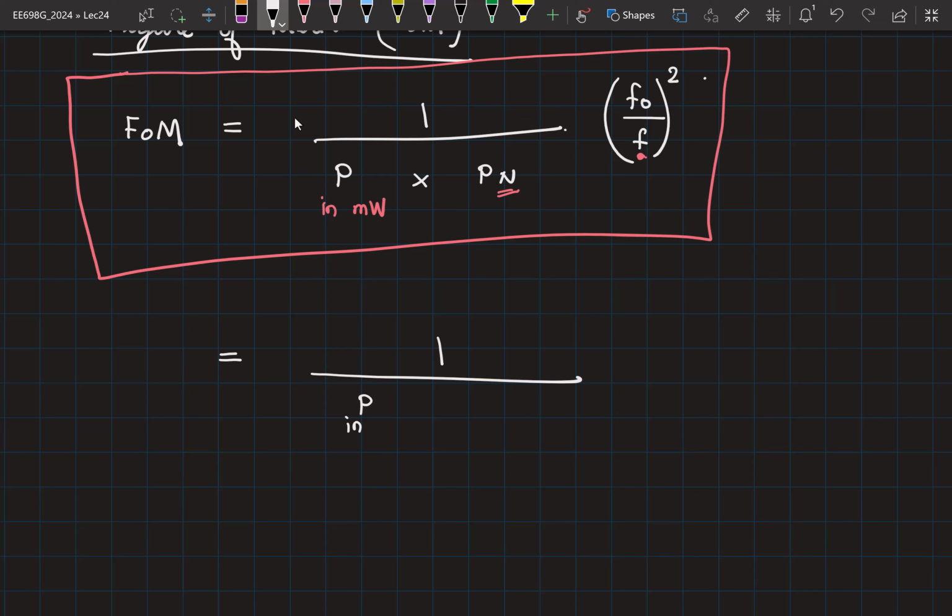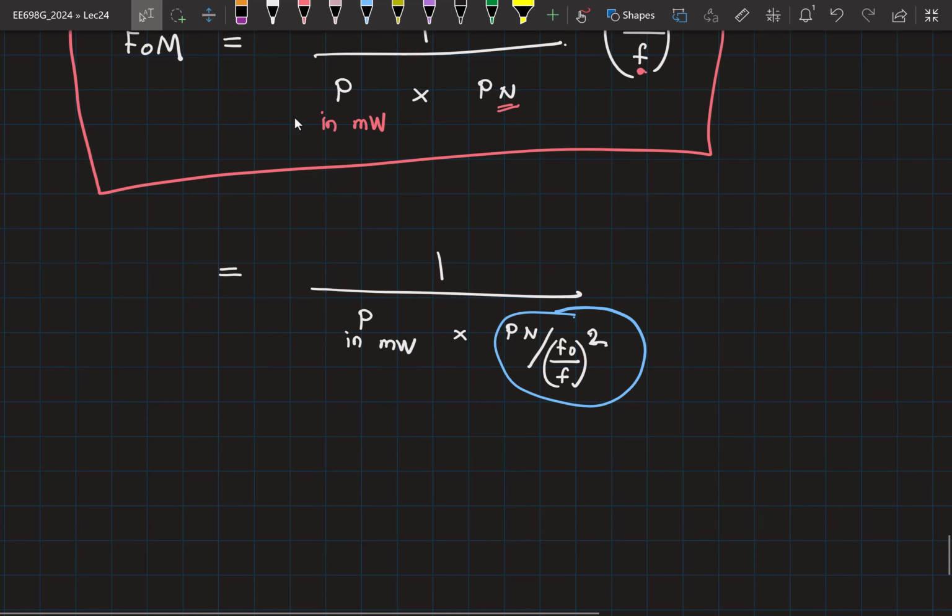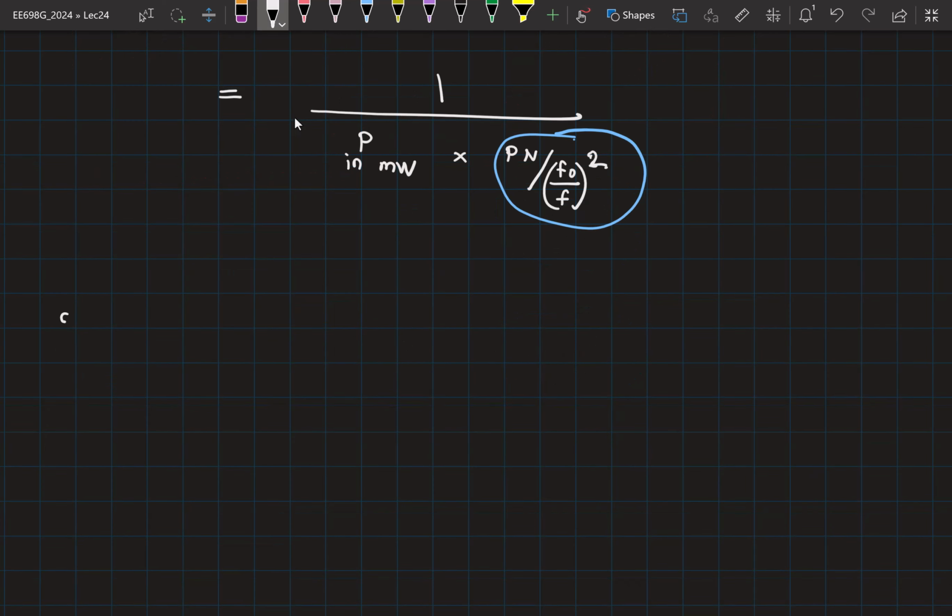So this is power in milliwatt into PN divided by F0 by F the whole square. We have seen the relationship for this factor earlier. All okay so far? Okay, so now let's go back to our 4 different methods.